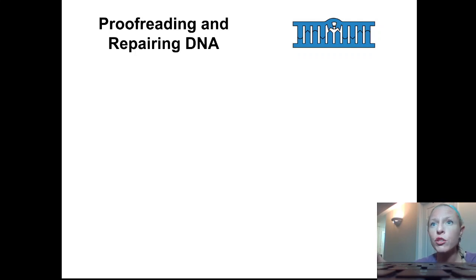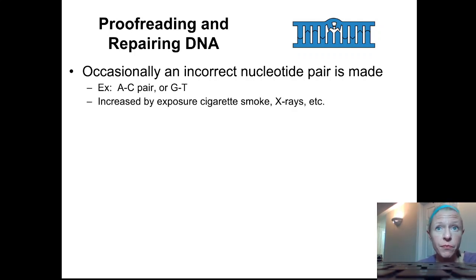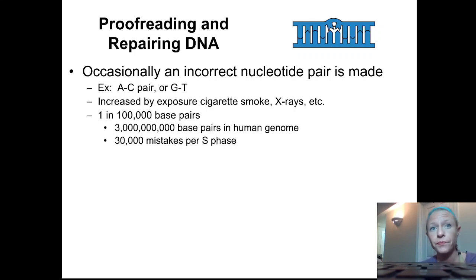So then we do some proofreading and repairing of DNA because on occasion, we might have an incorrect nucleotide pair made. For example, an A with a C or a G with a T. These types of things are increased by things like cigarette smoke and X-rays, and it happens roughly every 1 in 1,000 base pairs.